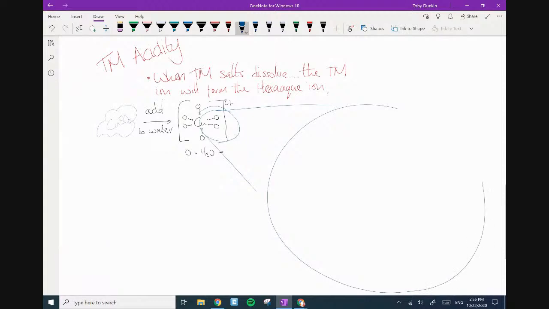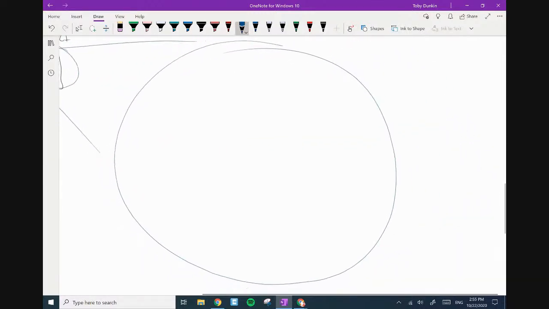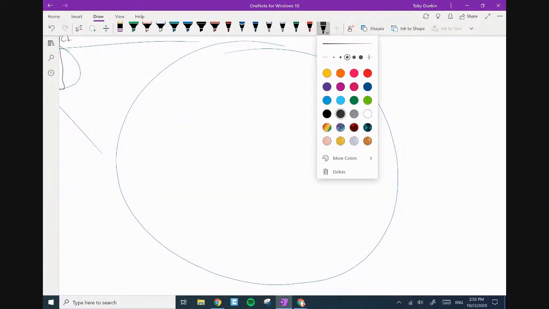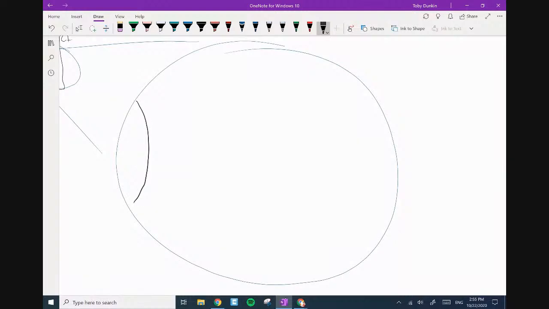Right, so here's what's happening. The central core, the transition metal ion at the center. So I've got Cu2+ here. What is happening is it's binding coordinately to the H2O.